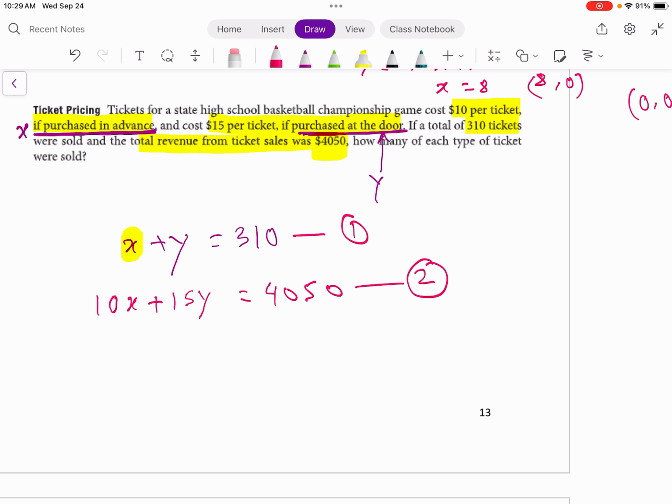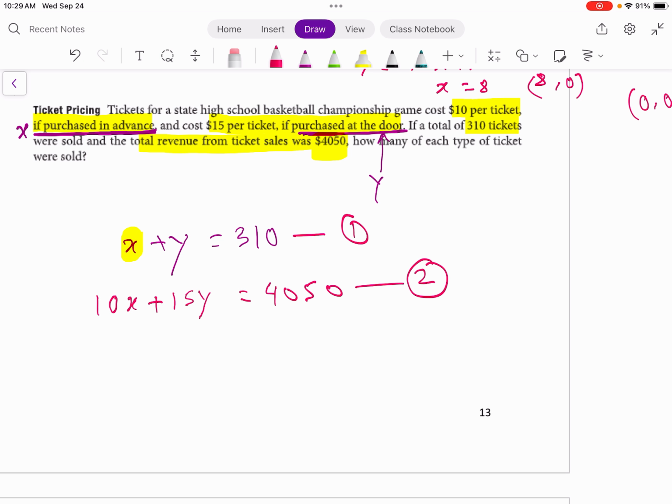If we want to eliminate variable X by adding these two equations, what do we need here? We need a coefficient the same as this with opposite sign. We have positive 10, so we need a negative 10 here. How do we get a negative 10? By multiplying this equation by negative 10.